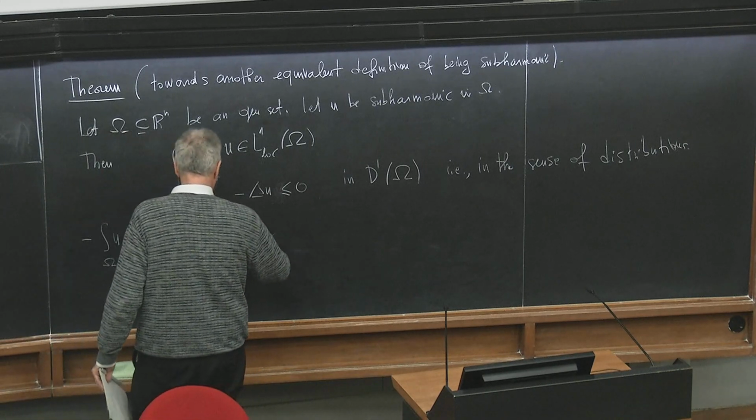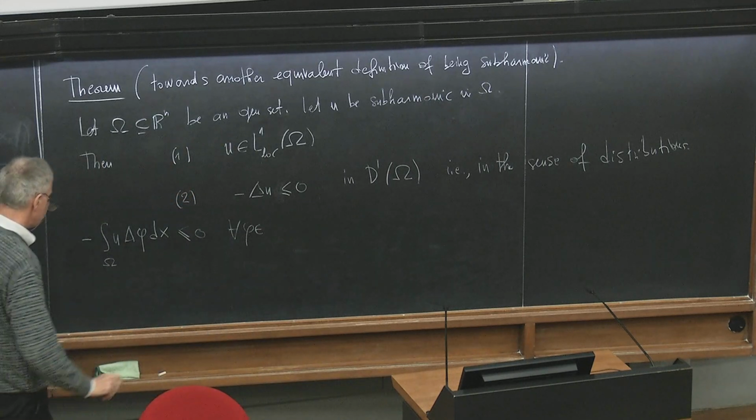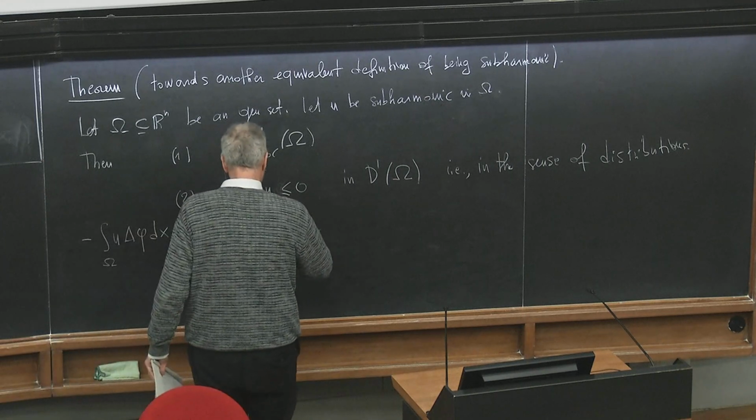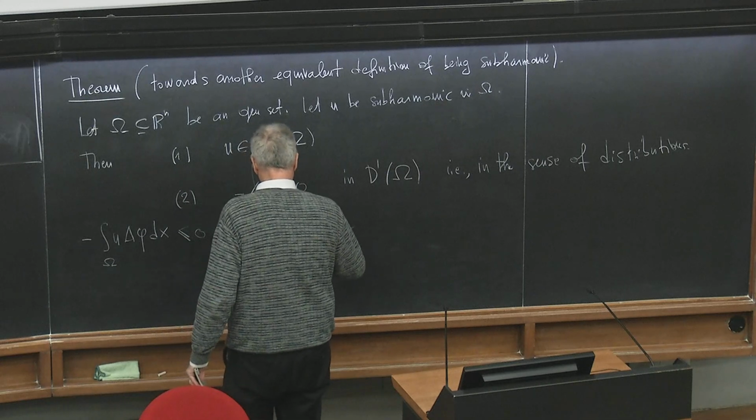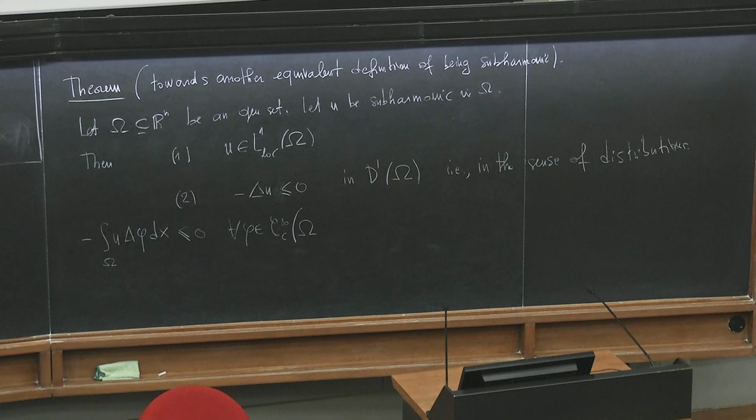Now, however, there is a point here. Where is phi? Test function is not enough. We have a constraint on phi. This is important. So, let me try to convince you.